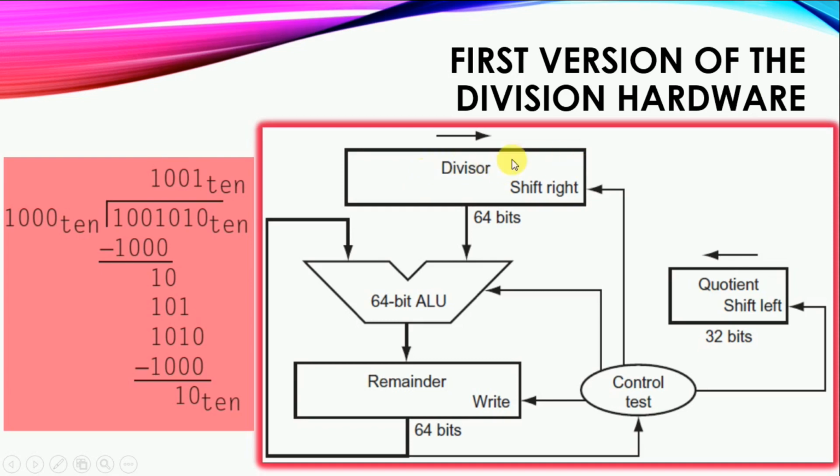We start by filling the divisor content in the left half of the 64-bit divisor register, and we shift the divisor register content right by 1 bit in every iteration in order to align it with the dividend. The remainder register is filled with the dividend value initially.